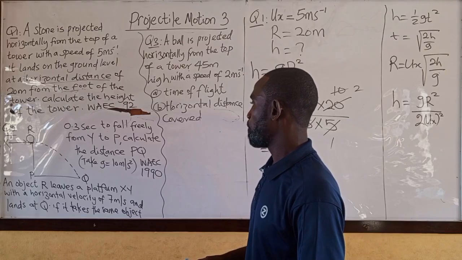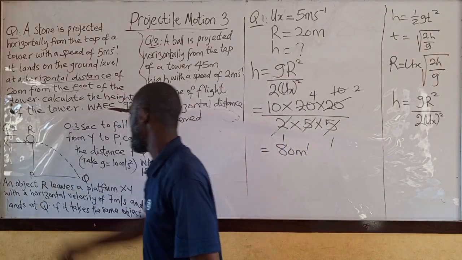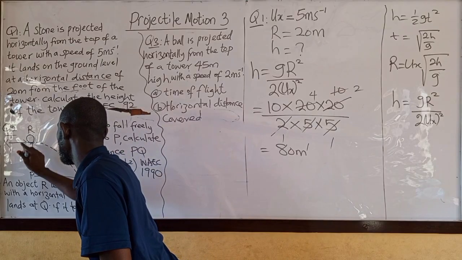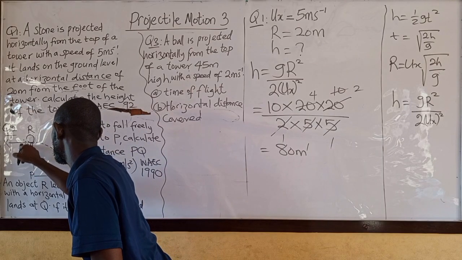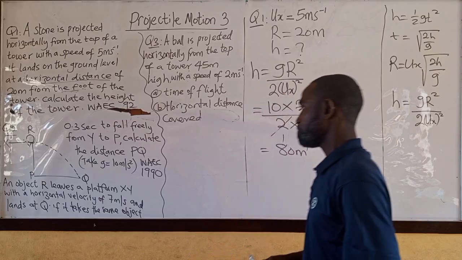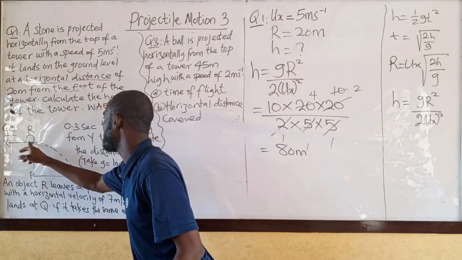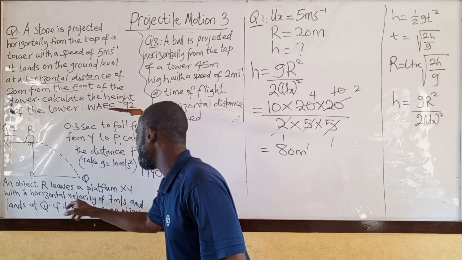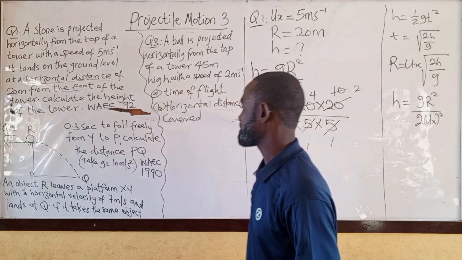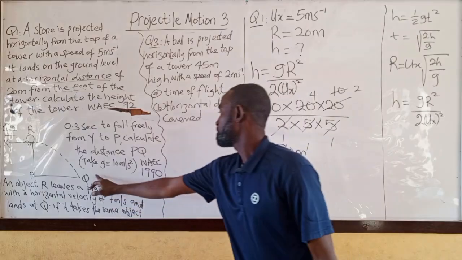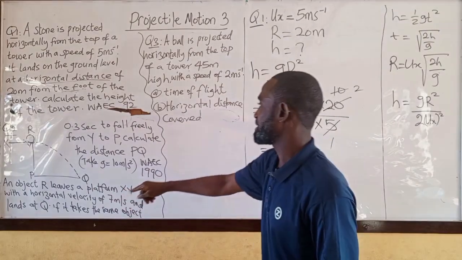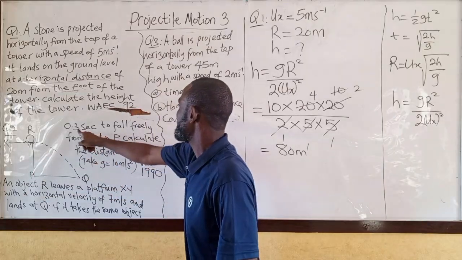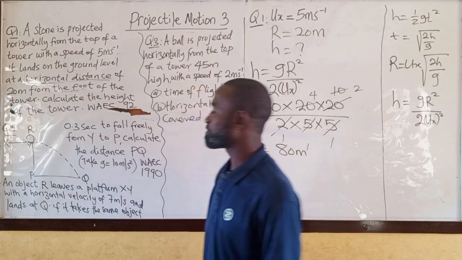The object moves from X, Y, this is the plane, from this point down to this place, with horizontal velocity of 7 meters per second, and lands at Q. It takes the same object to fall freely from Y to P 0.3 seconds. Calculate the distance PR.